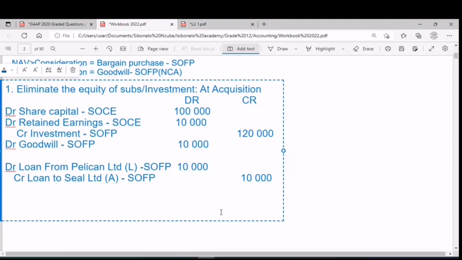Okay, good. So when narrations are required, you write them here. So what will your narration say? Elimination of intra-group loans.